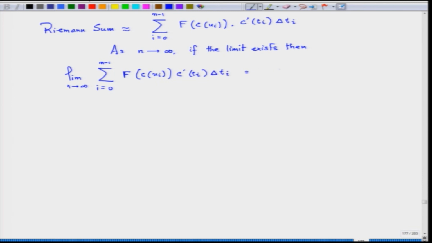So, this limit, if it exists, is marked by the integral where t is varying from a to b, f of Ct dot C dash t dt. That's the game, right. So, it has an expression through the Riemann integral.